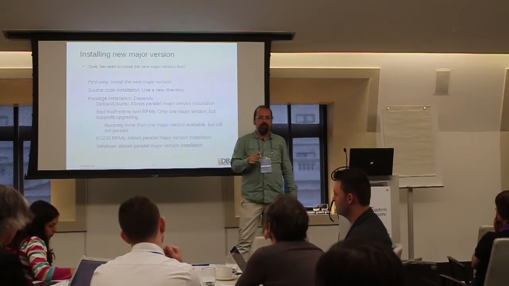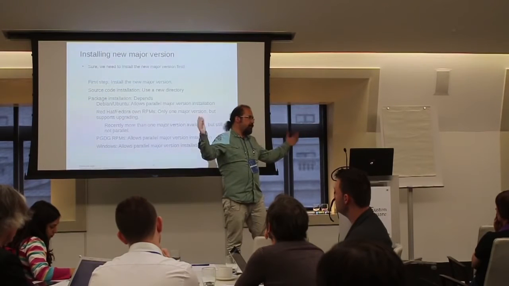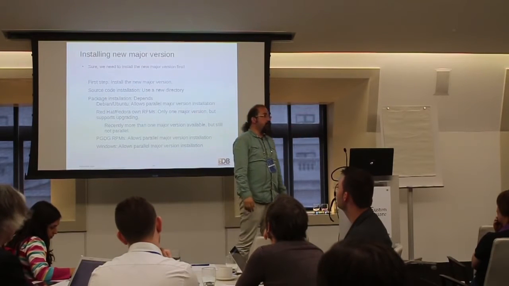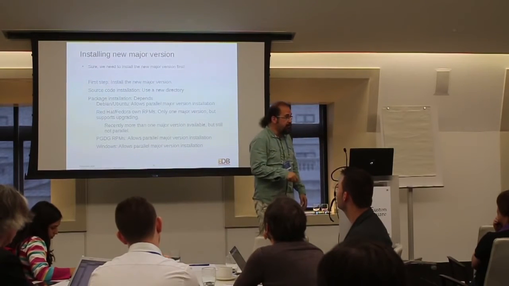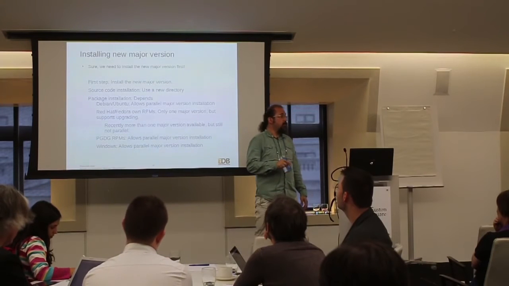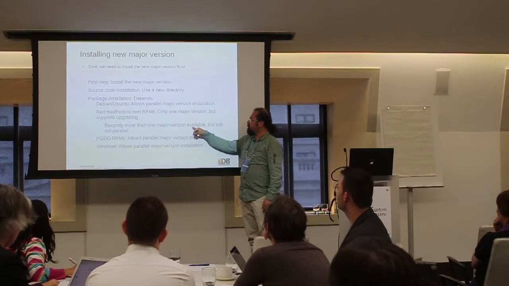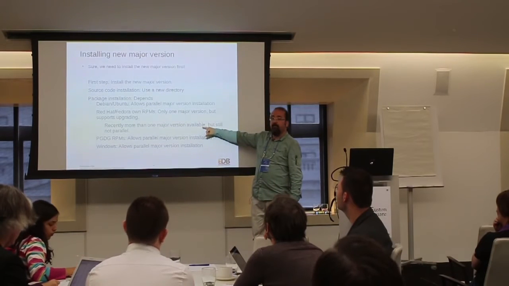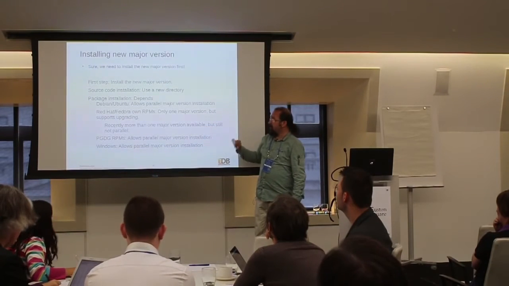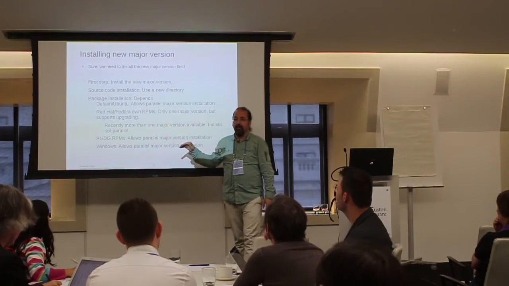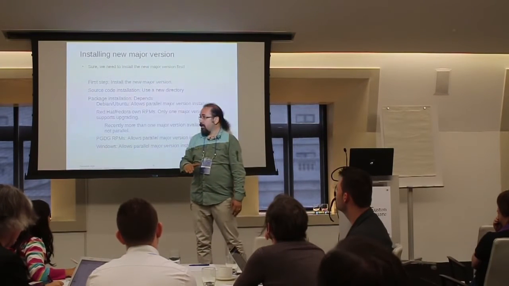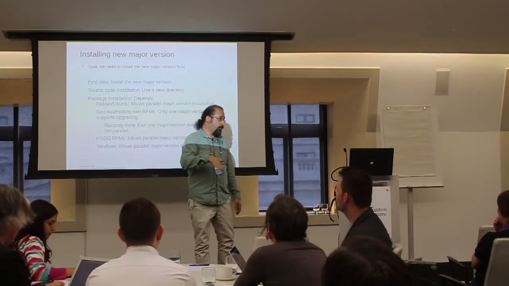For example, if you are using Red Hat 7, the latest and greatest, only 9.2 is available by default. However, recently they announced software collections, I think the name is. And so they support more than one major version. However, they are still not in parallel. So you can install either 9.2 or 9.4.